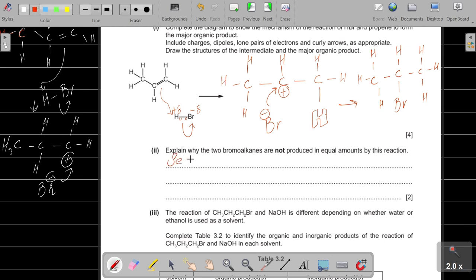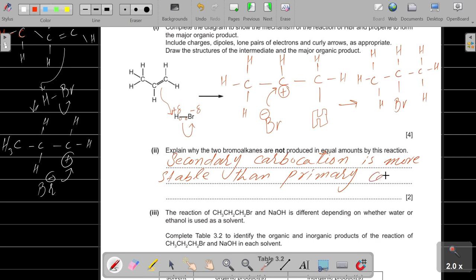so secondary carbocation is more stable than primary carbocation.